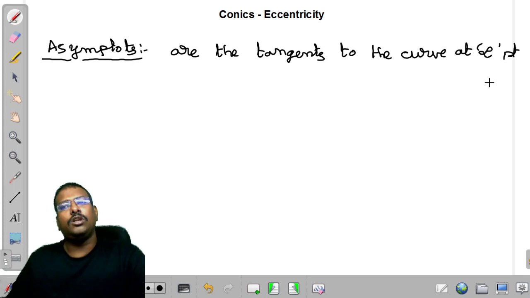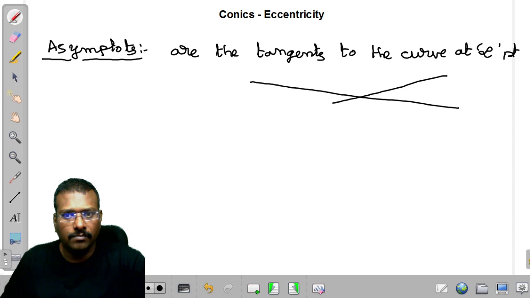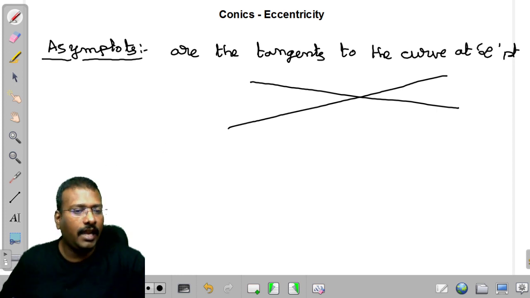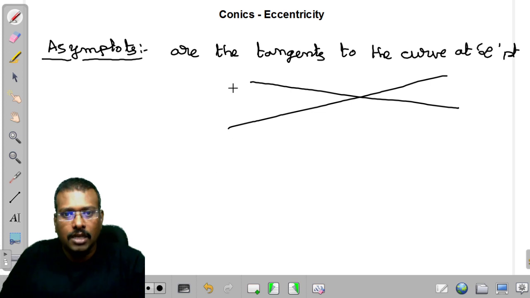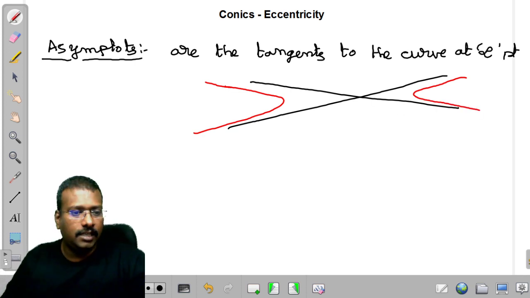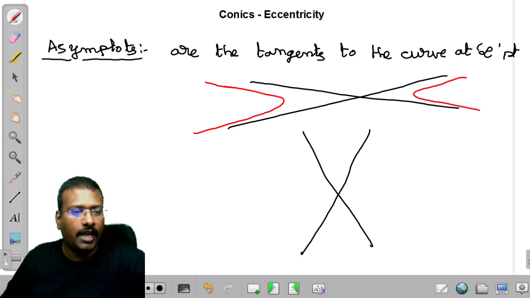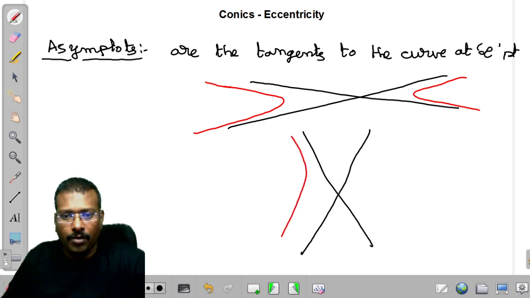Sir, what is the nature of these asymptotes? The angle between the asymptotes will be either less than 90 degrees, once the hyperbola is like this and goes on like this. This is a hyperbola whose asymptote angle is less than 90 degrees. Sometimes the asymptote angle will be more than 90 degrees. In this case, the hyperbola is going to be like this.